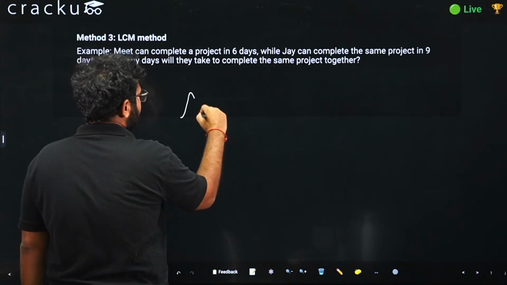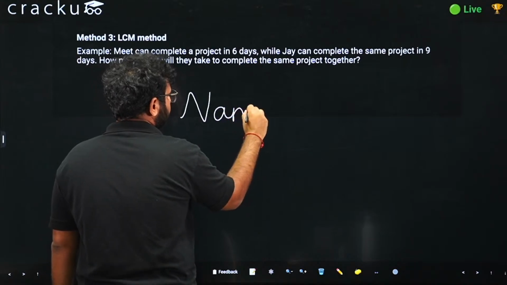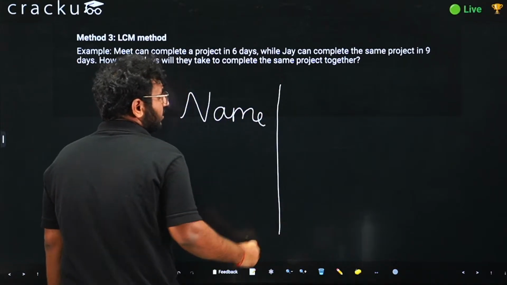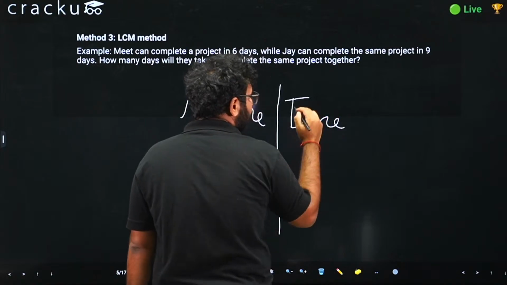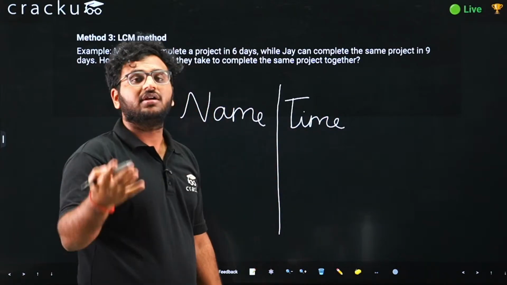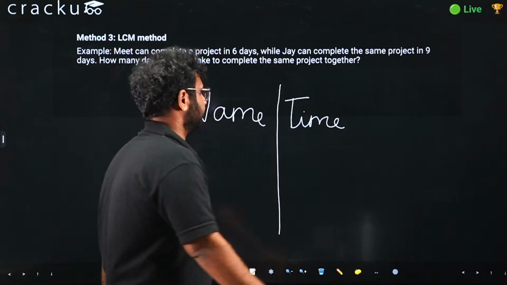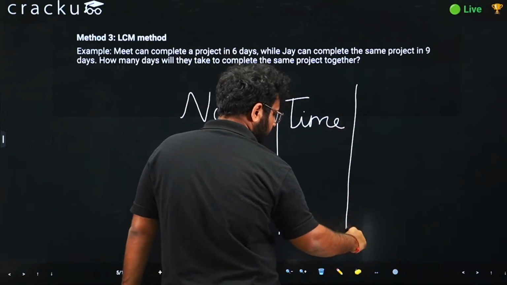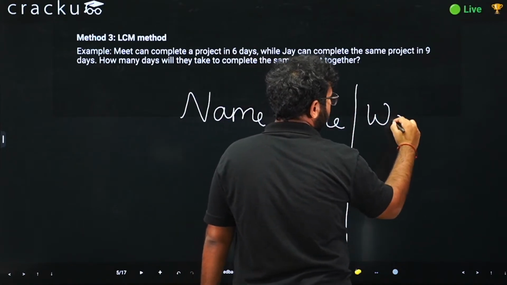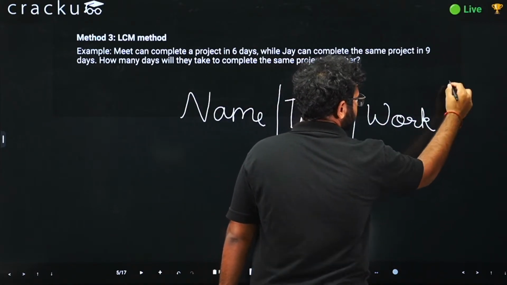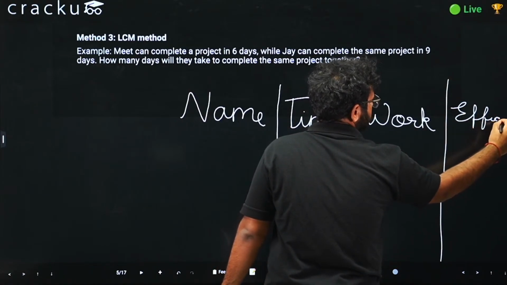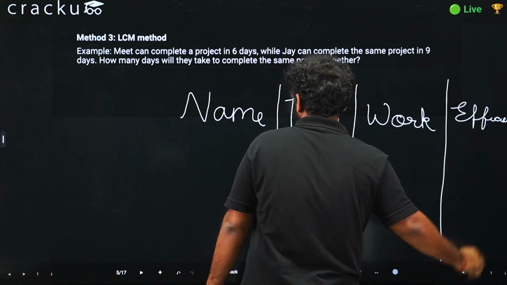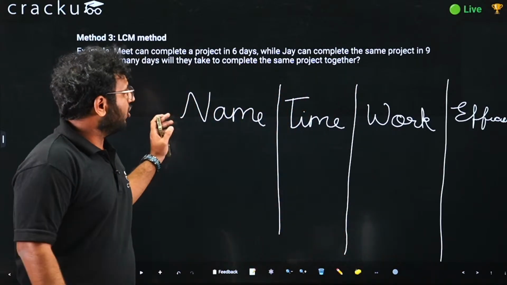Write the name, then the number of days or hours taken by him or her to complete the work, then work, and then efficiency.